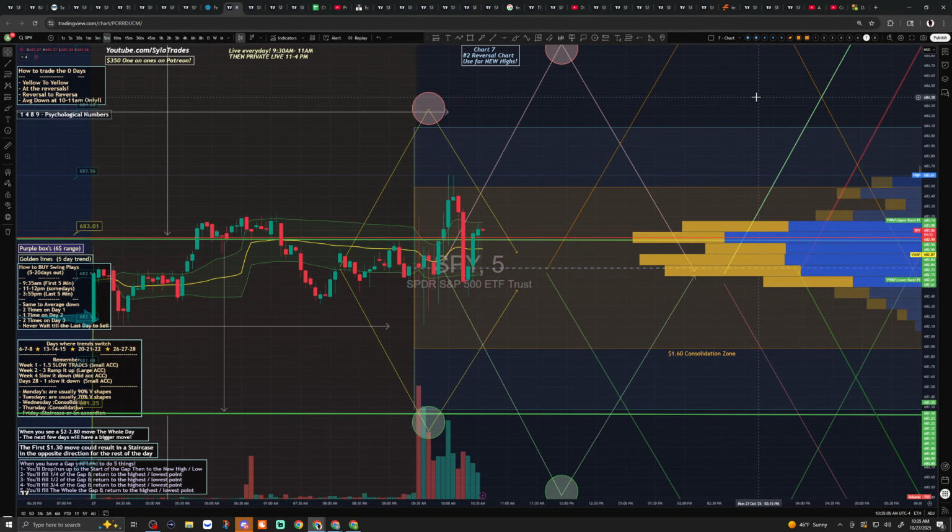That's 4. That's 5. So this is the 5th trade we've done today. 5th trade, everybody.